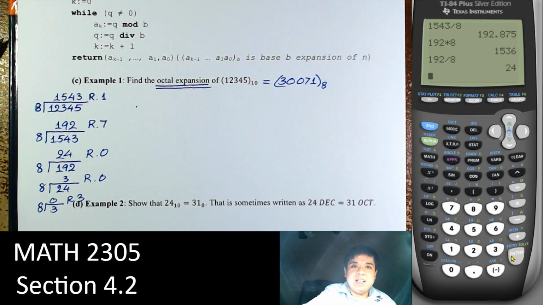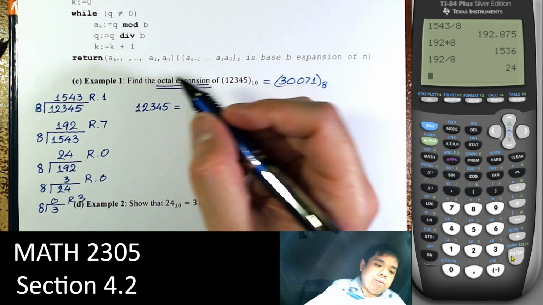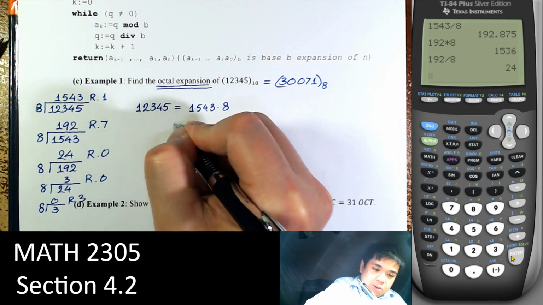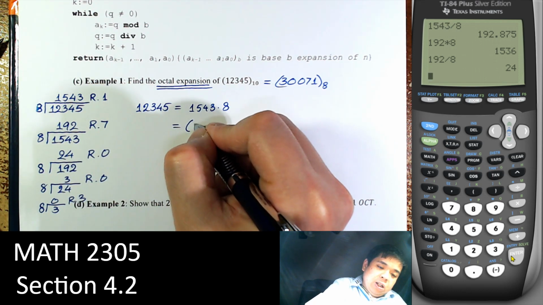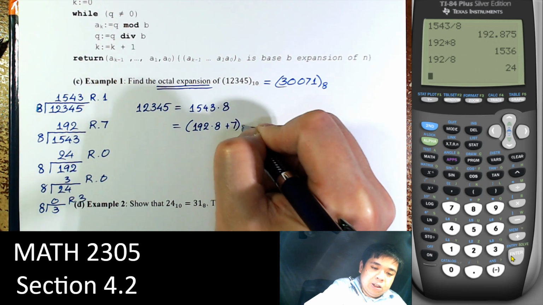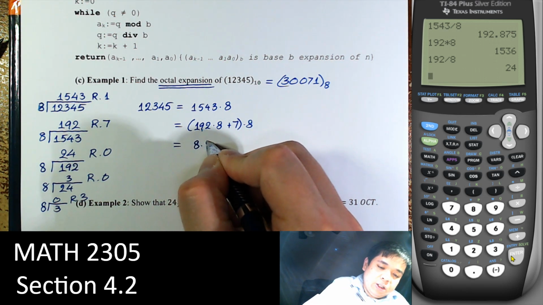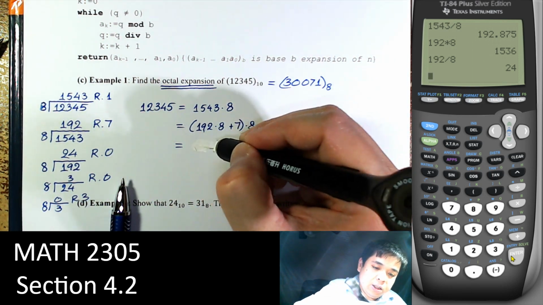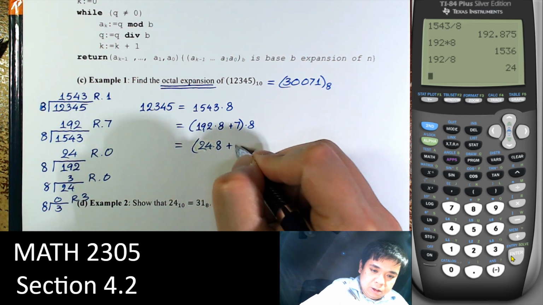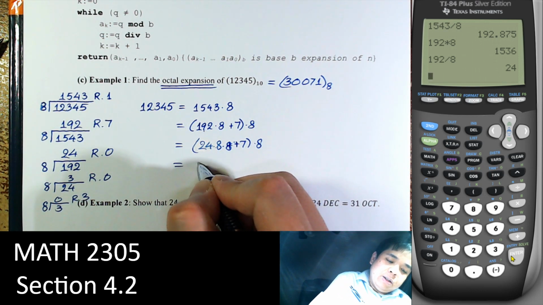Of course, you can also say 12345 is equal to 1543 times 8 plus 1. And with that we can rewrite 1543 as 192 times 8 plus 7, and then we just keep doing that. 192 is 24 times 8, and then 24 is 3 times 8.